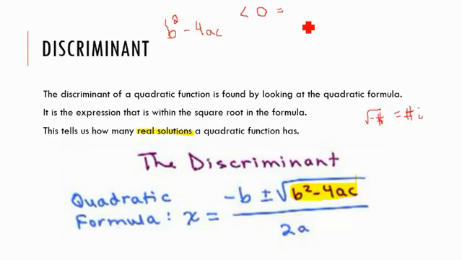So, instead of two real solutions, there are going to be no real solutions. And instead, we will have two imaginary solutions.